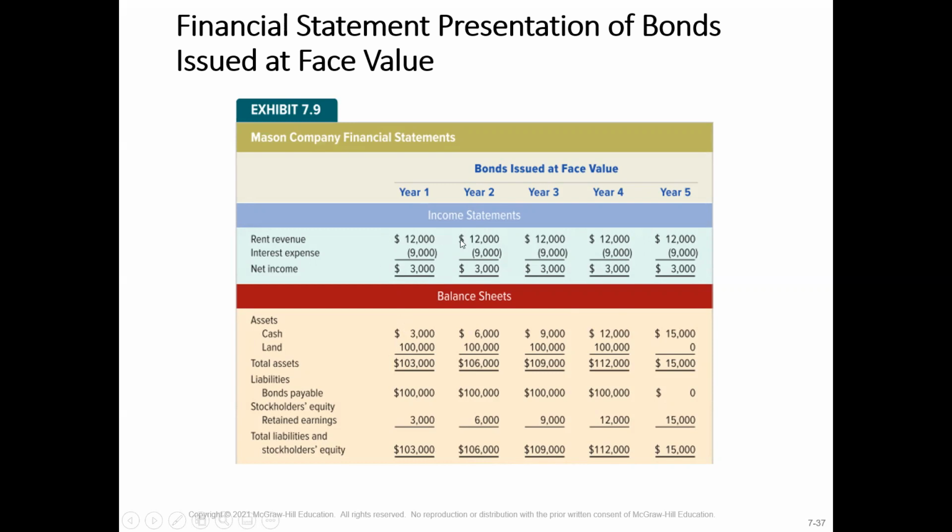So we earned interest or rent revenue of $12,000 every year, paid out interest of $9,000 every year. So over 5 years, our entrepreneur here, she earned $12,000 in interest or revenue, paid $9,000 in interest, netted $3,000 every year.